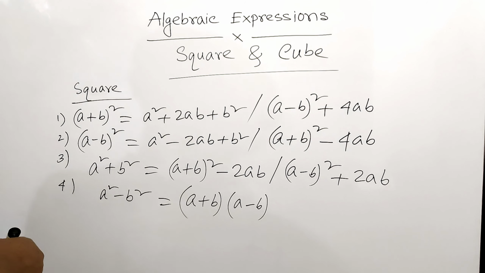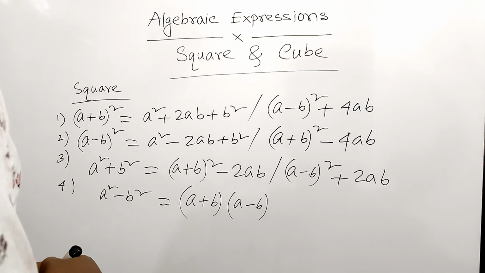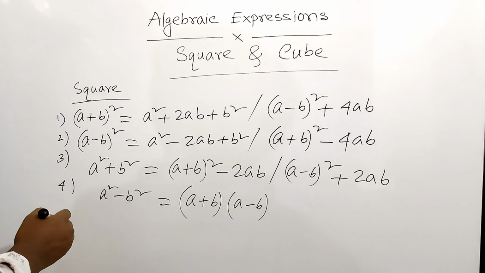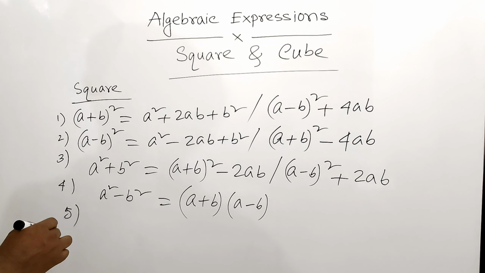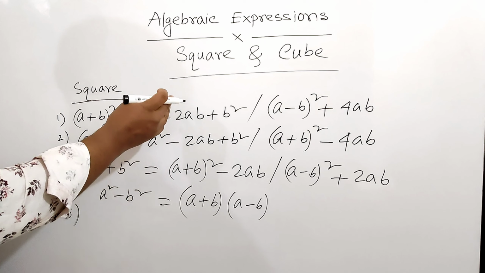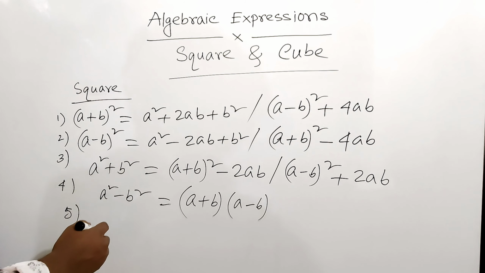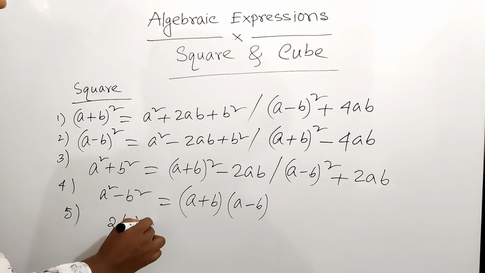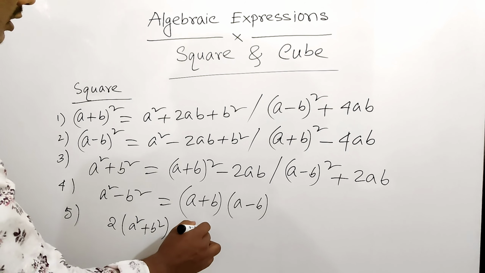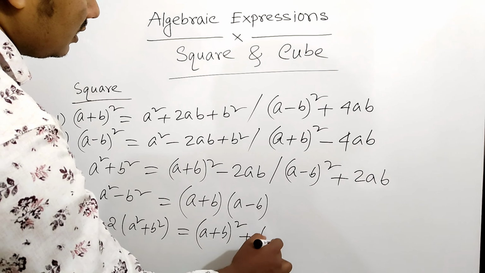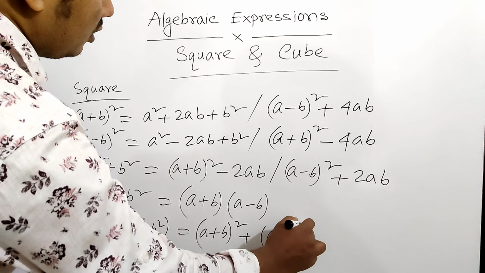Now we will try to derive some corollary formulas from numbers 1 and 2. These formulas are also so important, that is number 5. If you add the first two formulas, then you will get 2 multiplied by a square plus b square equals a plus b whole square plus a minus b whole square.